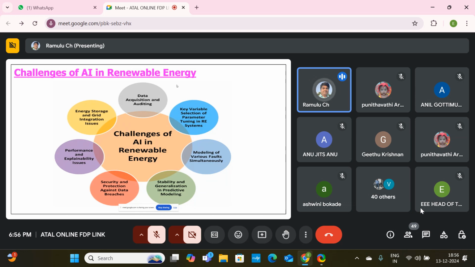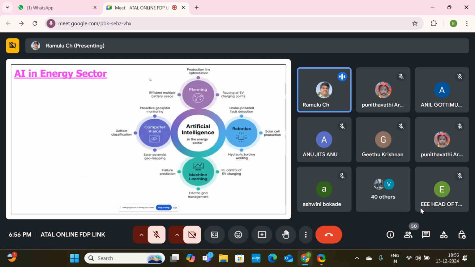All these things we will calculate. Here also, while implementing AI, please try to understand, any system does not give 100% efficiency or only advantages. Some disadvantages should also be there in any particular system.